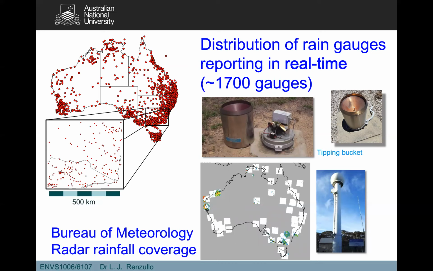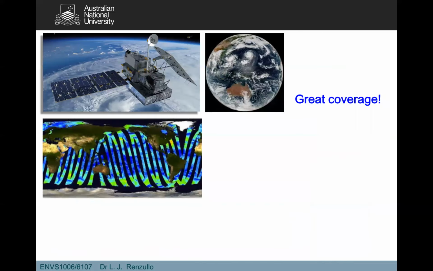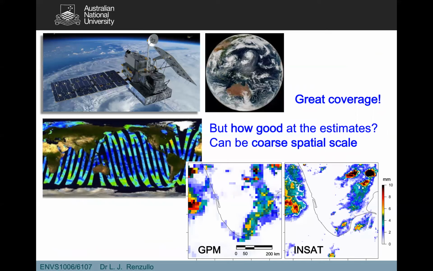Because there's hardly anyone living there. But if you want a complete picture of what the water cycle's doing, you really need to fill in the gaps. Satellites are good at that. They can fill in the gaps. Coverage is great. The only problem is we have to estimate from the radiances the thing we want, which is rain rate.